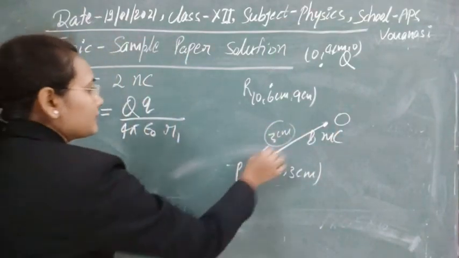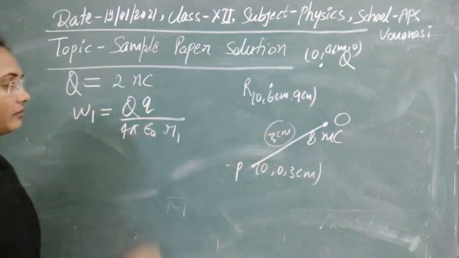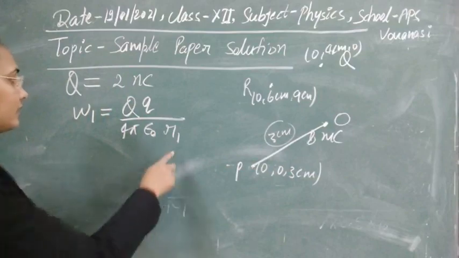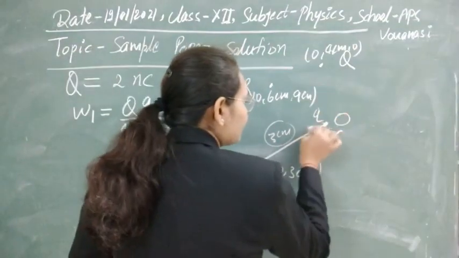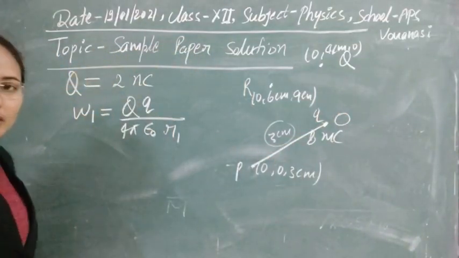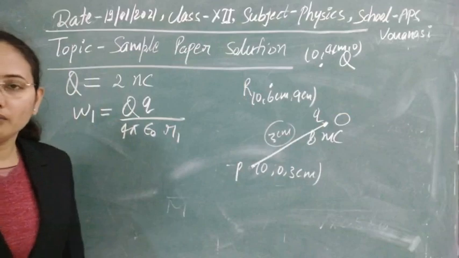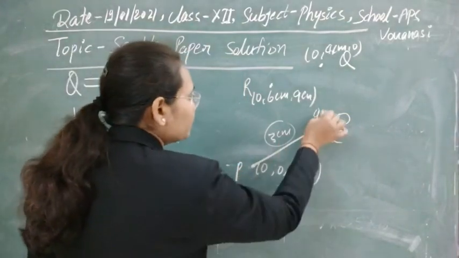So the value of R1 is 3 centimeter. The value of Q, the charge located here, is 8 millicoulomb, and capital Q is given. So easily you can calculate the work done in moving this charge from P to O.